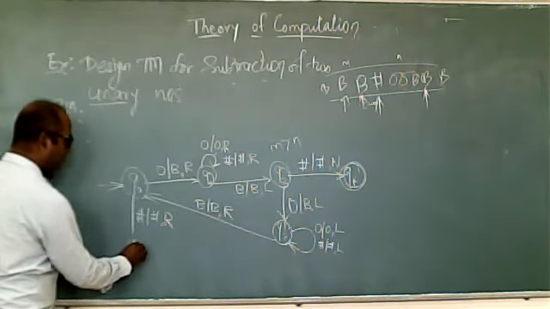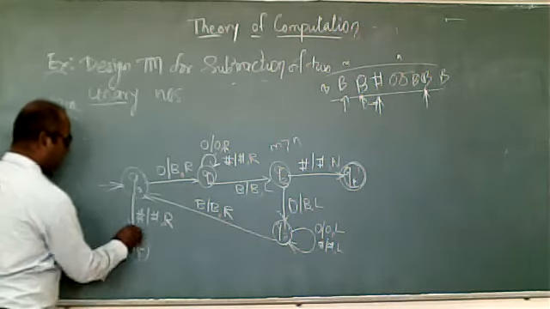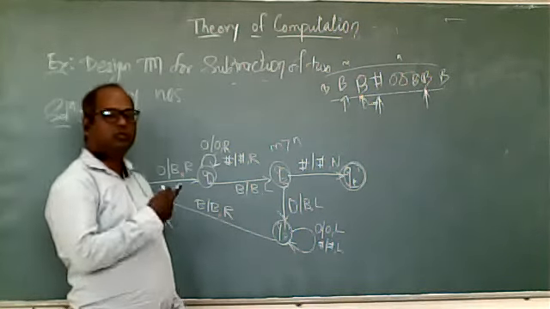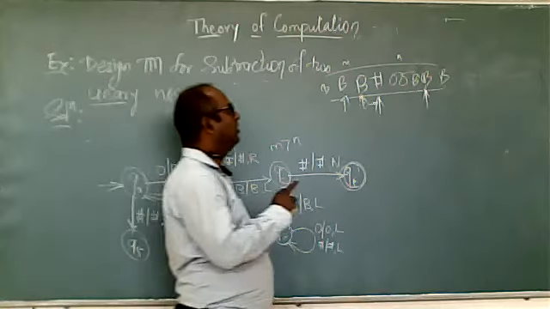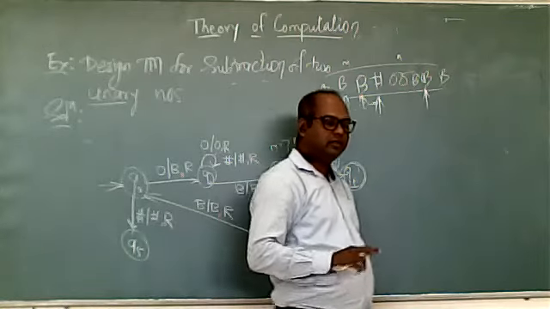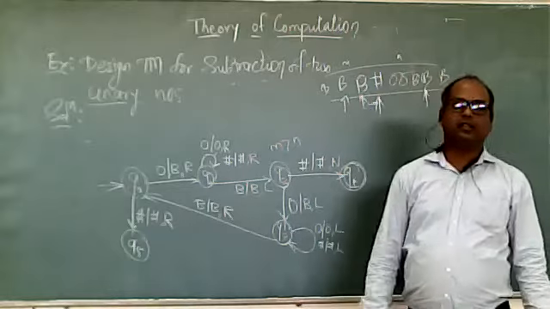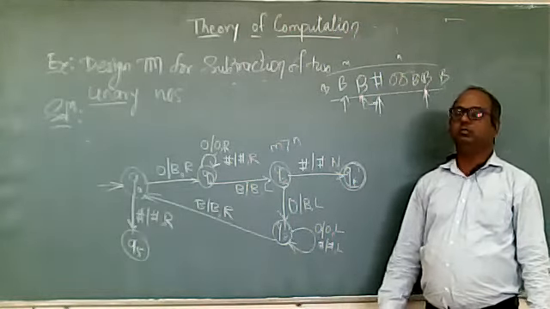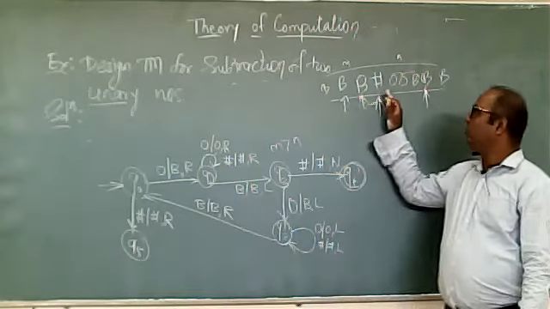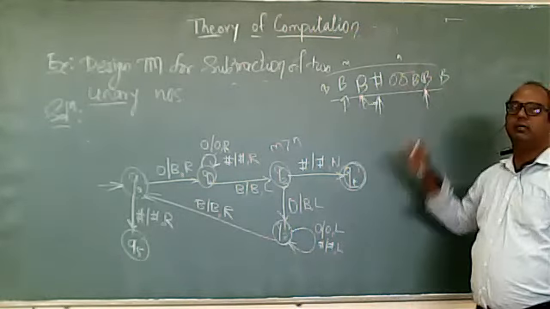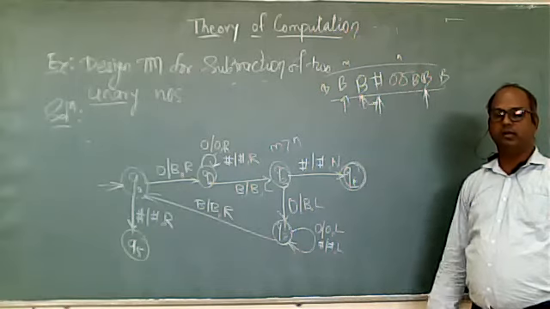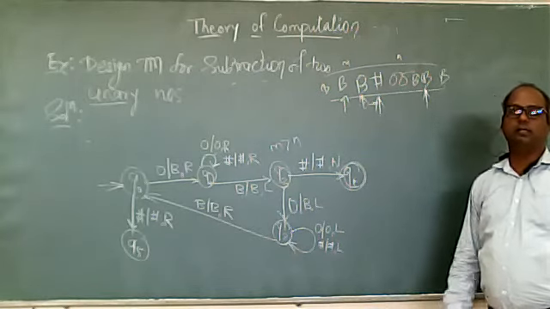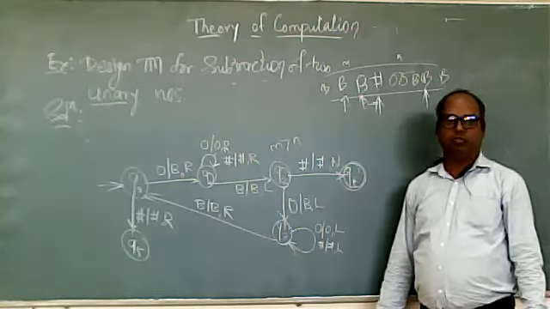Q5. Now that is your m less than n case. When m is less than n, the answer should not be minus, it should be 0. So all these zeros we replace with blank, because in a unary number, 0 is represented with blank.